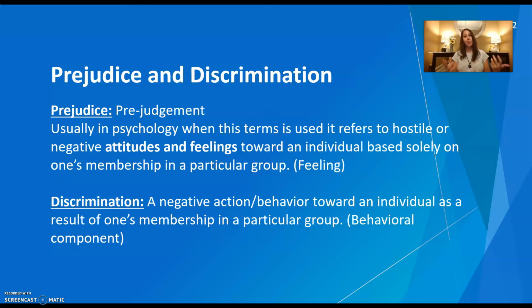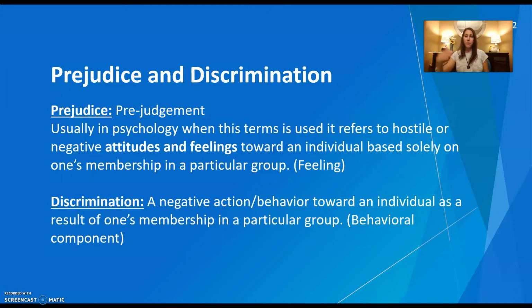Now, because psychologists will argue about everything, there's actually some debate in psychology about if a positive prejudice should still be considered a prejudice, right? If I have an automatic positive happy feeling towards you because of a group that you belong to, is that a prejudice? But usually the term refers to negativity. So it's a negative, hostile attitude towards an individual because of their membership in a group.